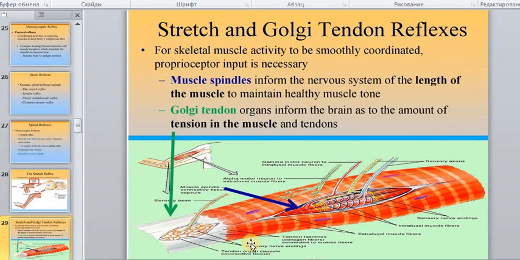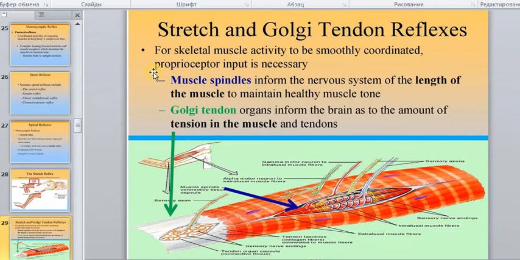So what we will see here: there are two specific areas in the muscle. First, the muscle spindle here, and the Golgi tendon organ. For skeletal muscle activity to be smoothly coordinated, proper proprioceptor input is necessary.